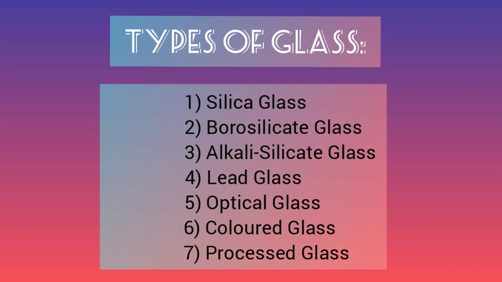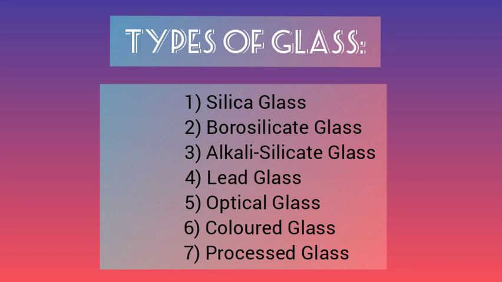We have seen silica glass, borosilicate glass, alkali silicate glass, lead glass, optical glass, colored glass, and processed glass. We have seen how they are produced and from which materials, such as boric acid, sand, aluminum oxide, and soda in some of the glasses.